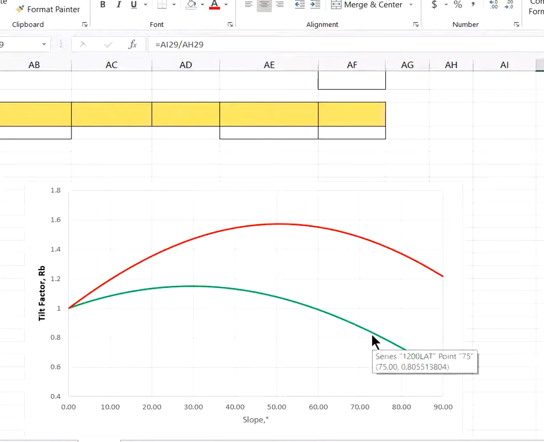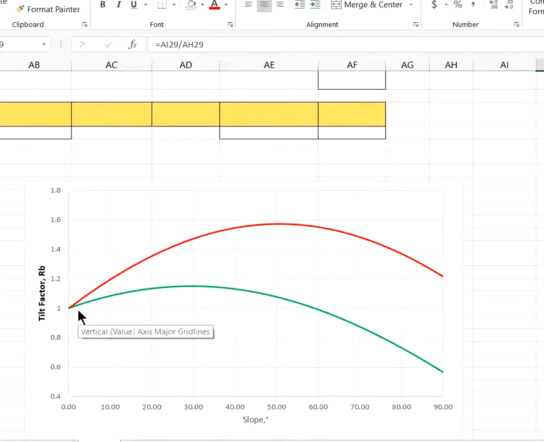Now this is at 12 LAT. This variation shows tilt factor on the y-axis and slope beta on the x-axis. The slope varies from 0 to 90, and the tilt factor varies from 0.4 to about 1.8 is the range. For 12 o'clock at Nagpur, the variation of tilt factor is like this.